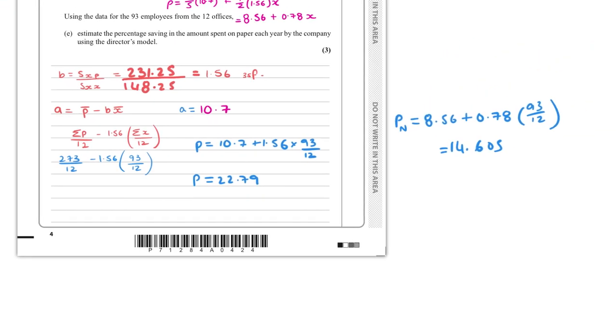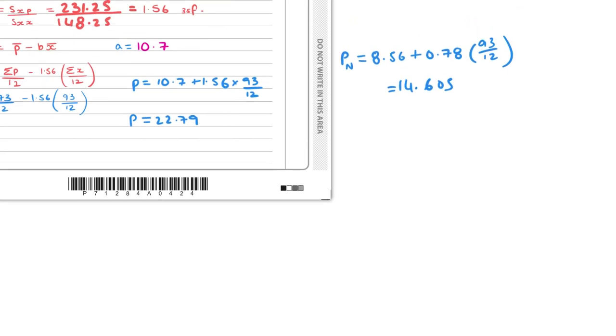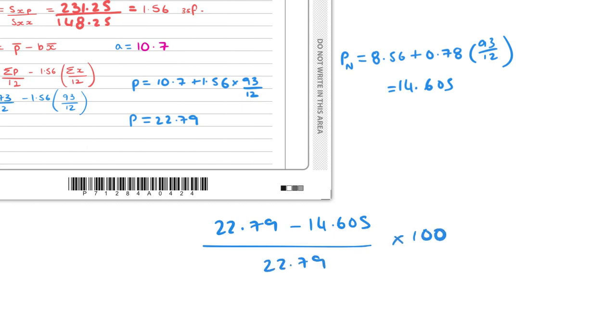So if I want to find the percentage, what do we know? We're going back basically. We do the difference divided by the original multiplied by 100. Everyone remember doing that at GCSE? Yeah? Okay, so 22.79 minus answer, divided by 22.79, times 100.